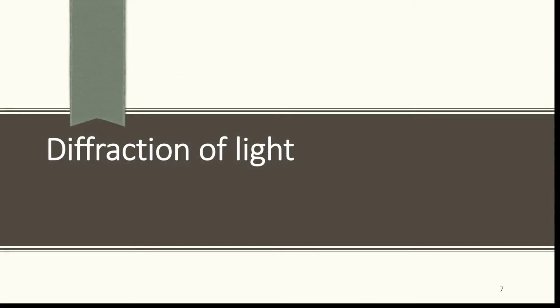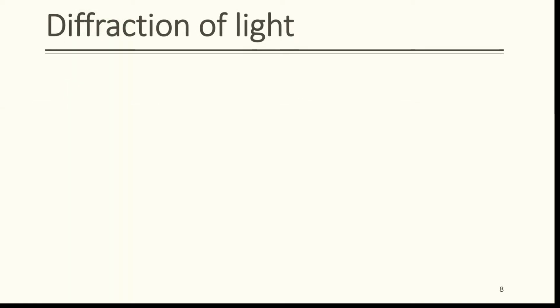Let's discuss diffraction of light. We know that shadows are formed when the path of light is blocked by an opaque obstacle. In certain experiments, light is seen to bend around edges of obstacles in its path and enter into regions where shadows are expected on the basis of geometrical optics.